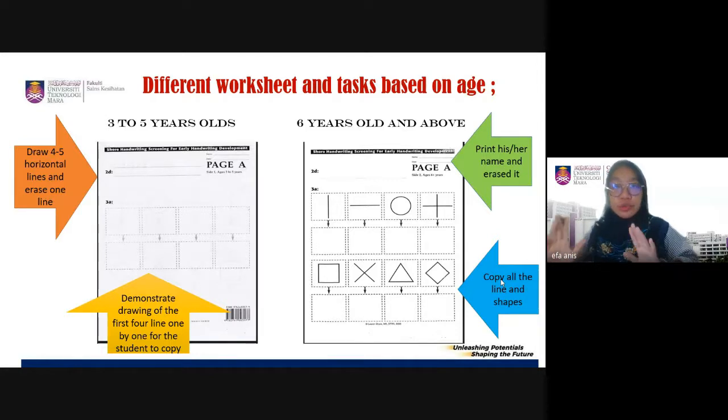All of the pre-writing skills are very important because we want to know whether the child is prepared to write, whether they have the forms they can make, because the more challenging the lines and shapes, the more it will affect their format and readiness.